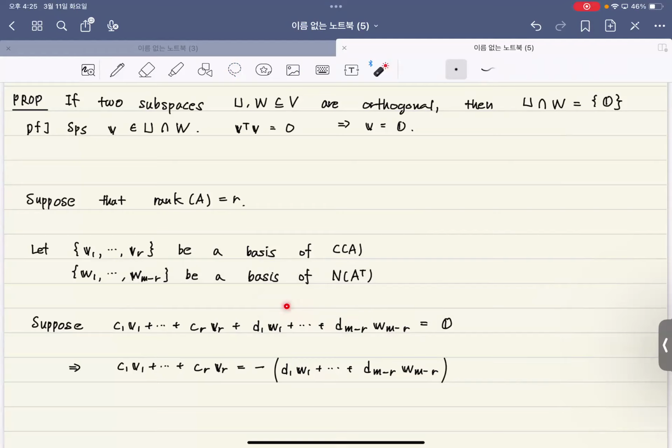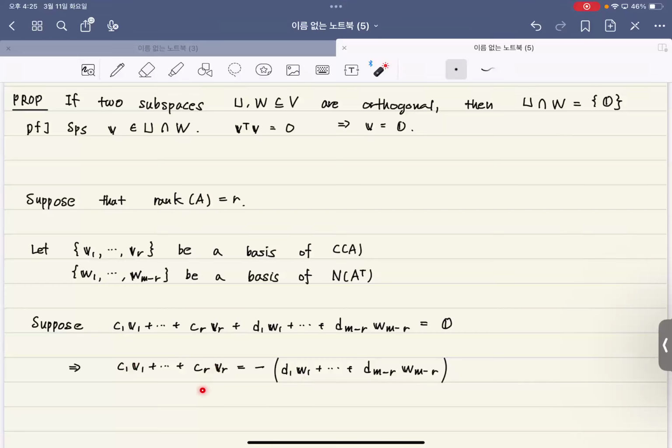Sending the W terms to the right, I end up with this equation. These two are the same, so this vector equals that vector. But this one is a member of the column space, and the right-hand side is a member of the left null space.